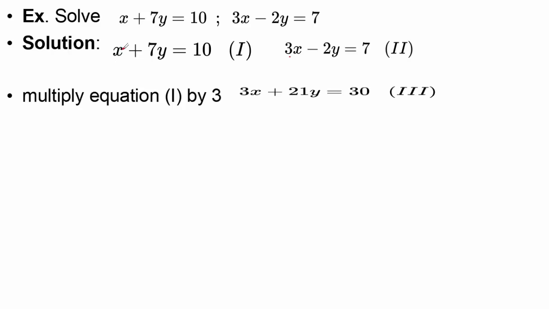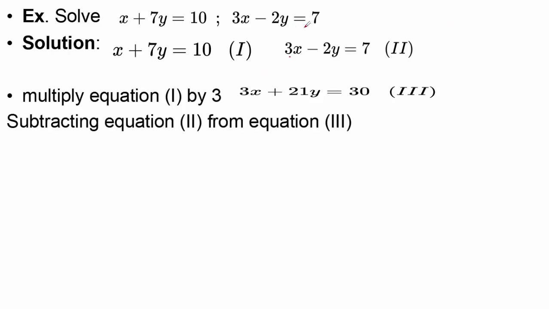We will get 3x plus 7 into 3, 21y equal to 10 into 3, 30. We will get the equation 3x plus 21y equal to 30. This is equation third. In equation second, 3x and in equation third, 3x both have the same sign. Therefore, we shall subtract equation 2 from equation 3 to eliminate x. 3x plus 21y equal to 30 and 3x minus 2y equal to 7.